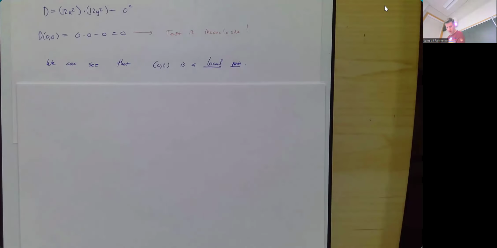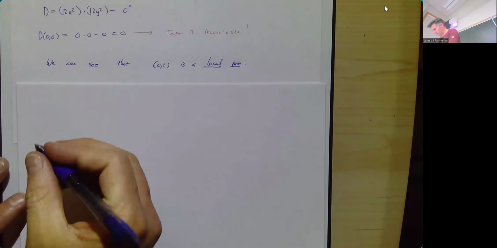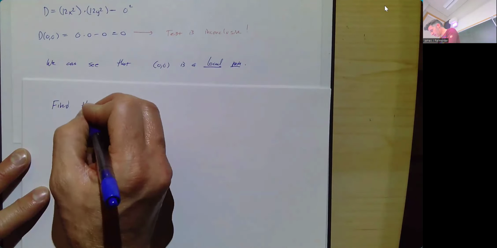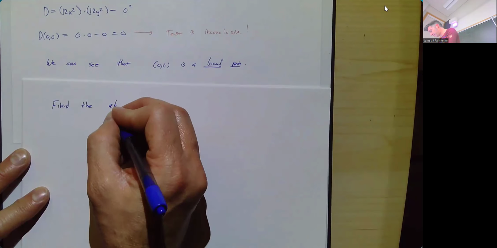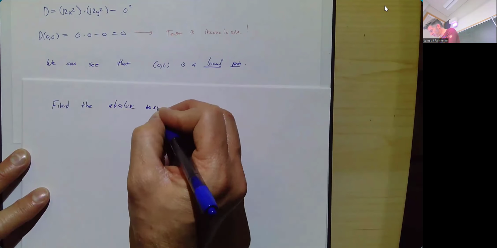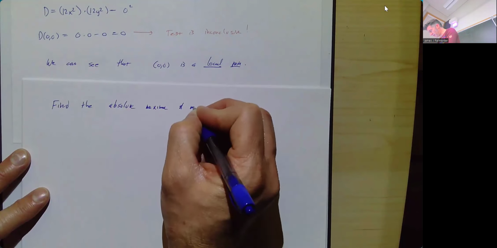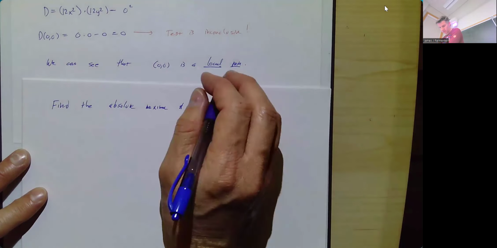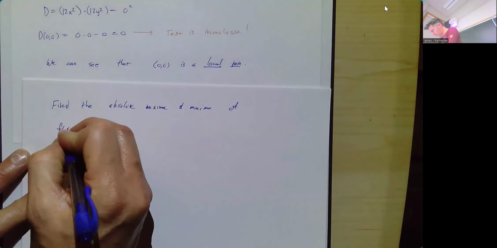Well, let's say we want to find, we did this one. So now we want to talk about finding the absolute maxima and minima of a function. And we'll make it easy, since we only have so much time.